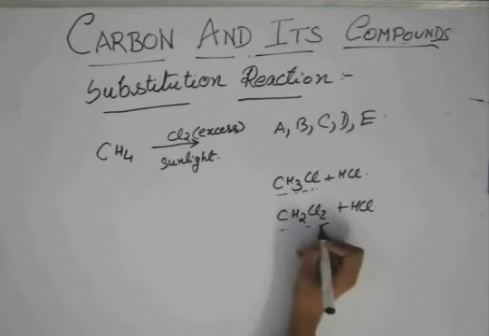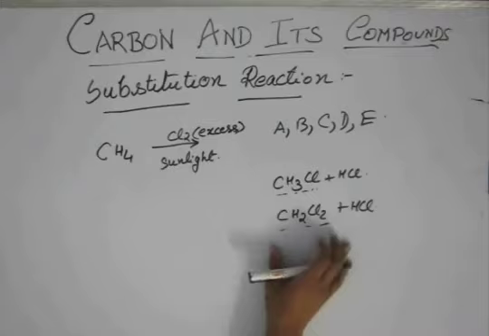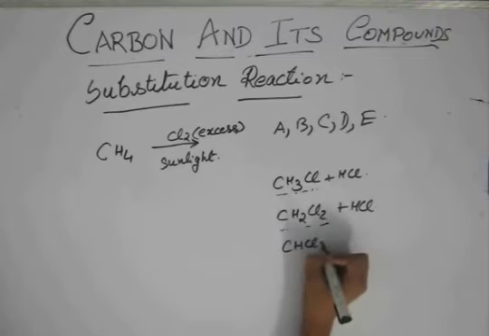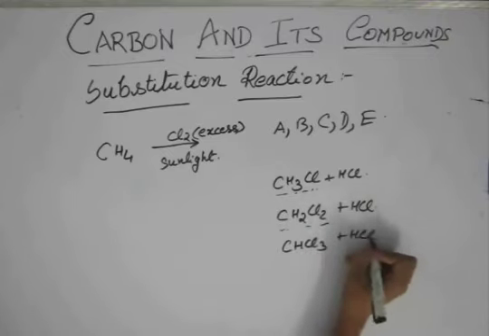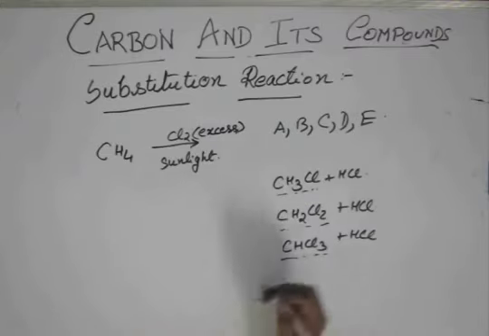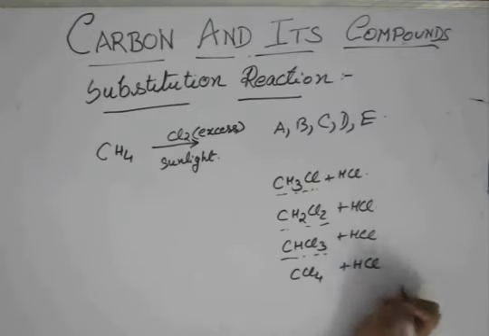Again, when this CH2Cl2 reacts, this whole of this will not react. Some will remain, some will react. The one which reacts will be CHCl3, which is chloroform, and again HCl. Again, some will remain, some will react to form CCl4 and HCl.